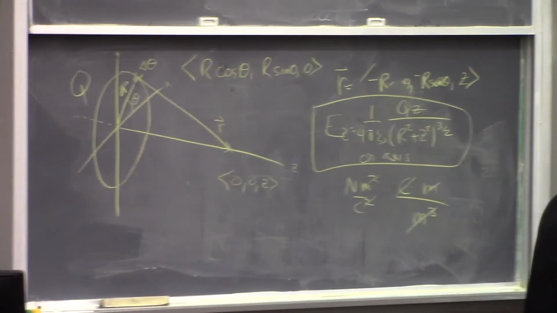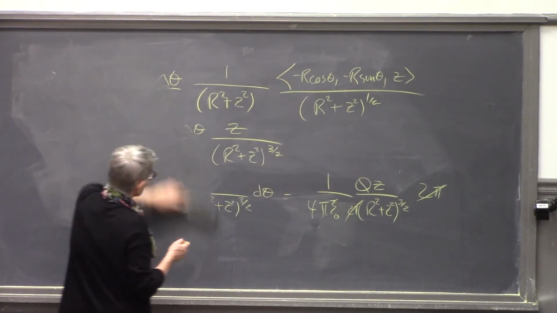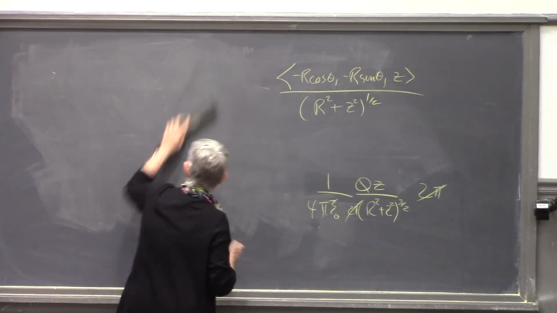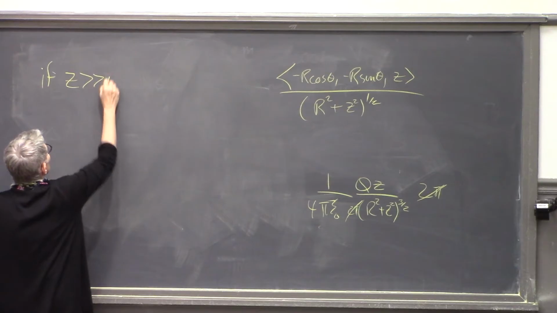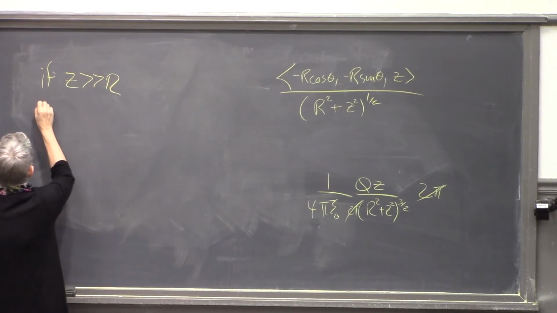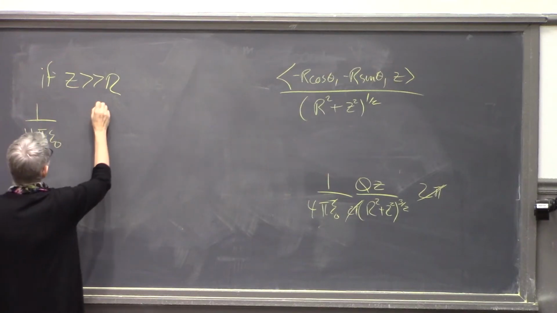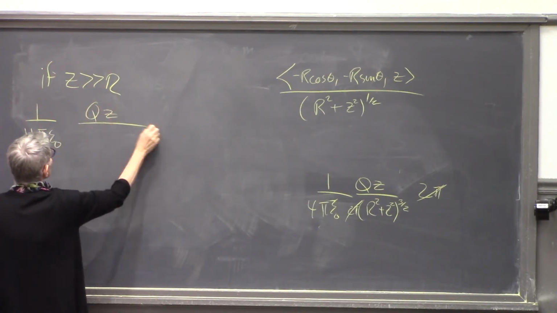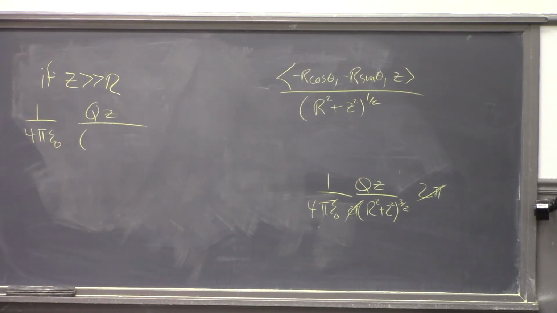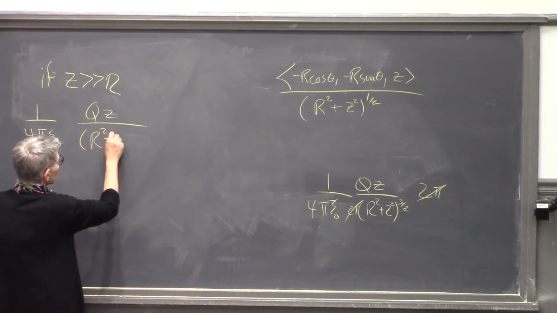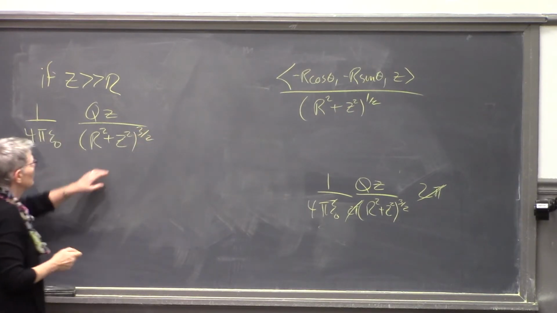So far away, if Z is much bigger than R, 1 over 4 pi epsilon 0 QZ over, okay, we have an R squared plus Z squared to the 3 halves.